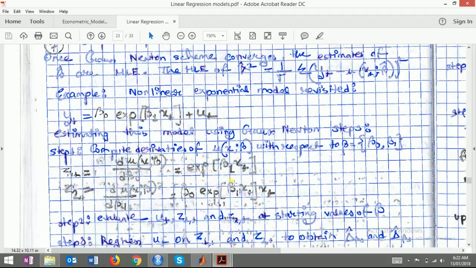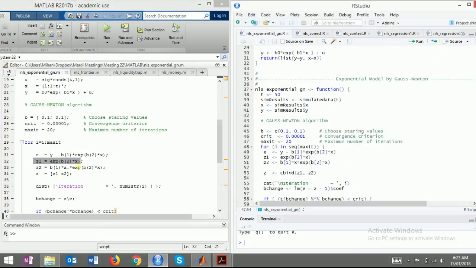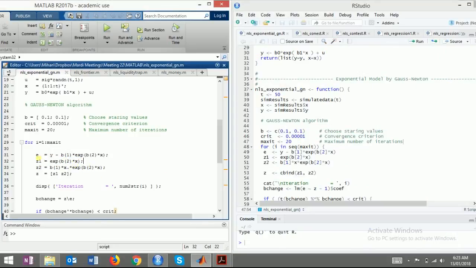There is Z1, exponential of beta 1 xt, Z2, beta naught, exponential of beta 1 xt multiplied to xt. So this is what it is. Beta 2, this is the first parameter. Because beta 1, beta 2, this will be estimated with Gauss-Newton. Beta 2 xt, beta 1 x into x.